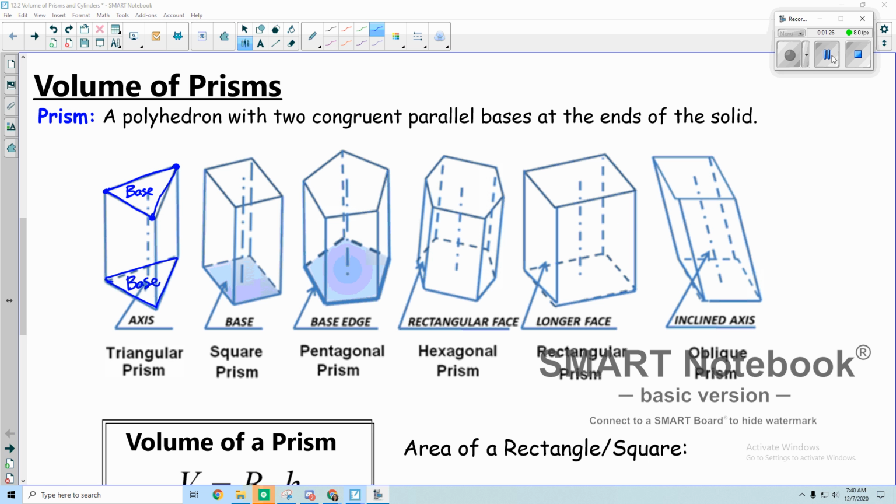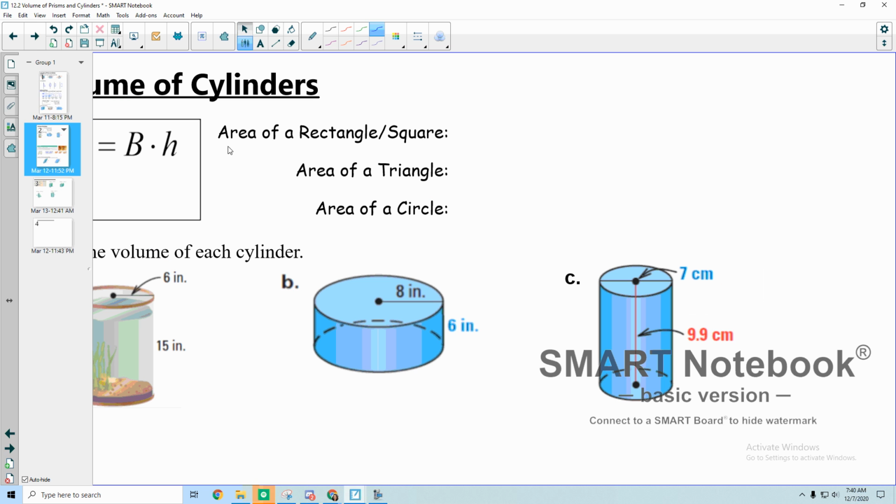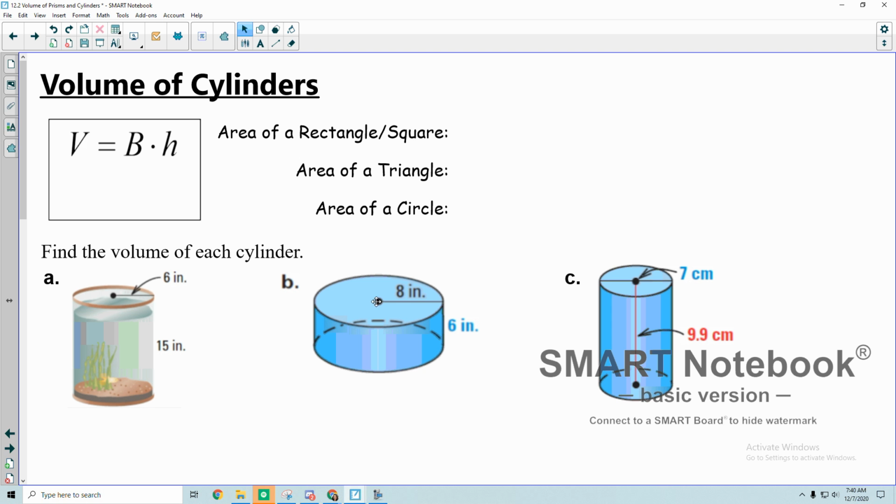In the last video, we looked at finding the volume of a very particular kind of prism called a cylinder. This is where we had the base as a circle. We had one circle on the top, and at the bottom we connected them together, and it formed a type of prism called a cylinder.